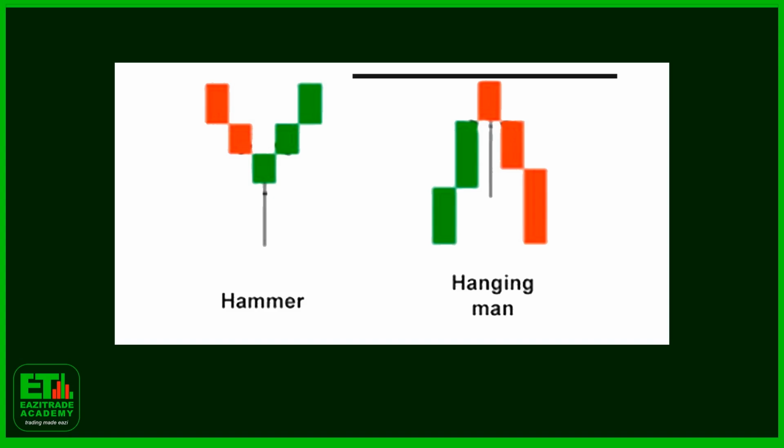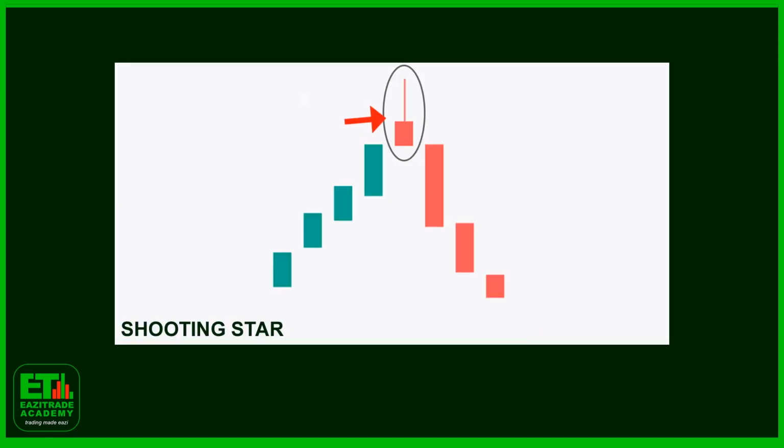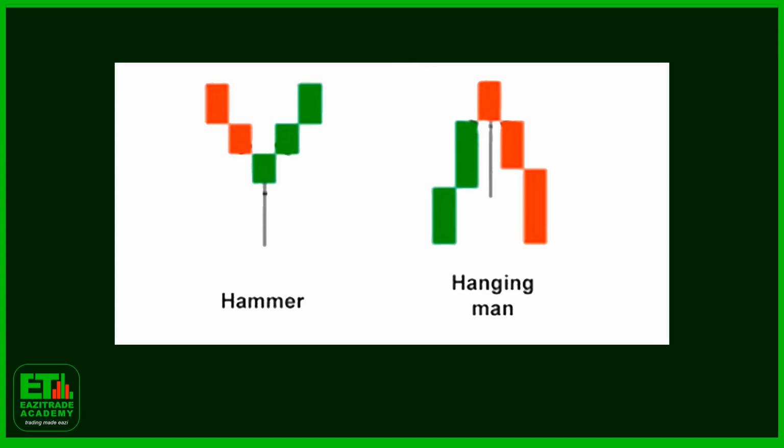Next on the list is what we call the shooting star. Look at that shooting star. It's an inverted hammer. The first hammer we talked about is found at the support zone. At this support zone, when the hammer forms, it is a signal that the market is about to take a dive to the upside.